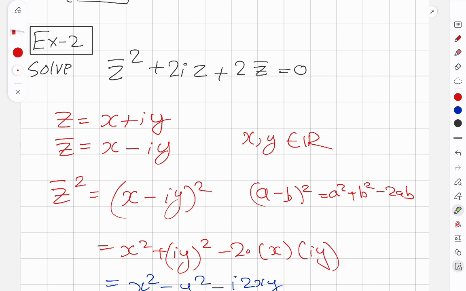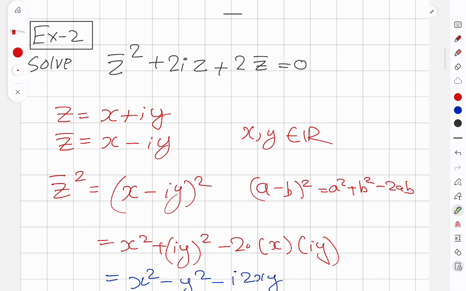So always, like, find the values of z. You can write z equals x plus iy, and the conjugate of z will be x minus iy, and z square, this one will be x minus iy whole square.